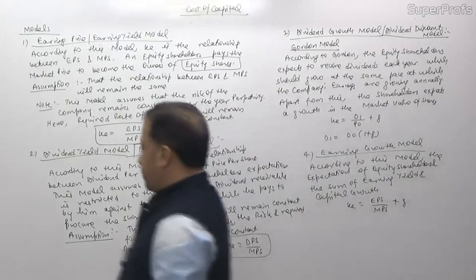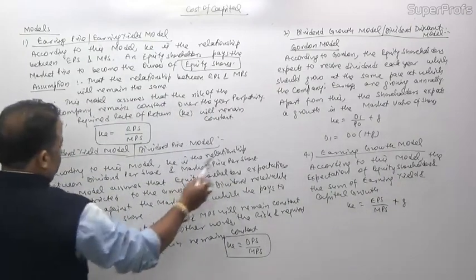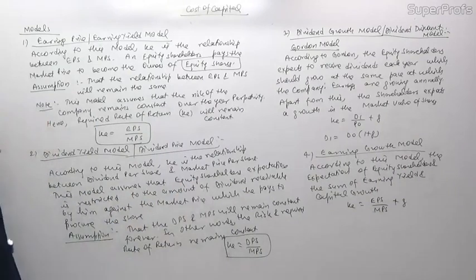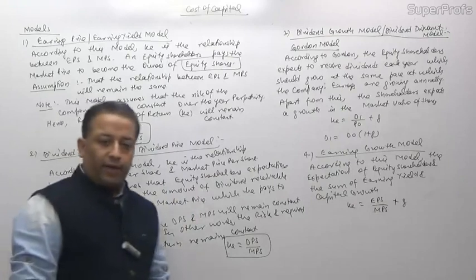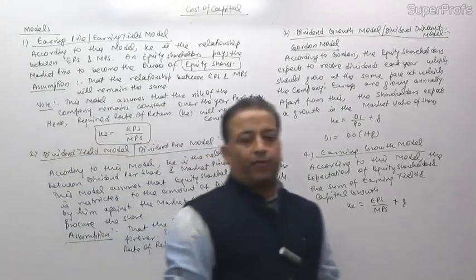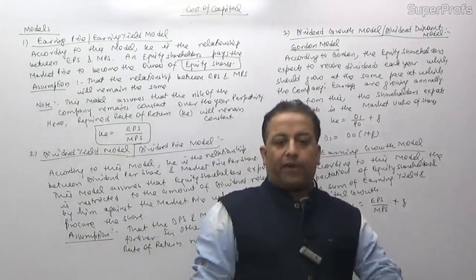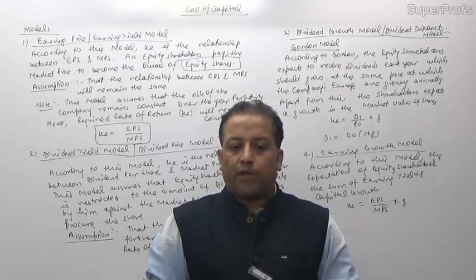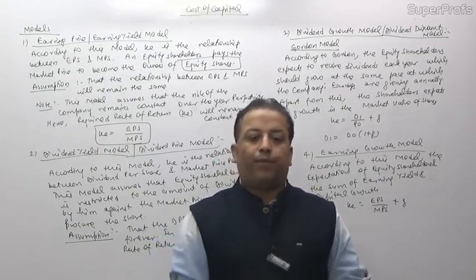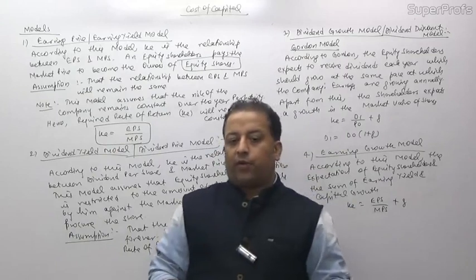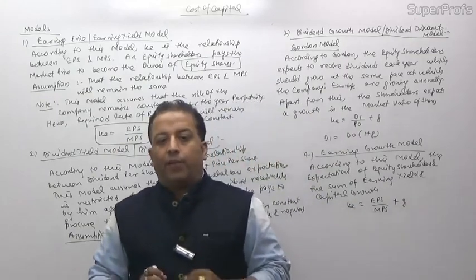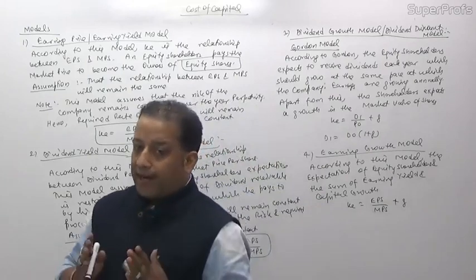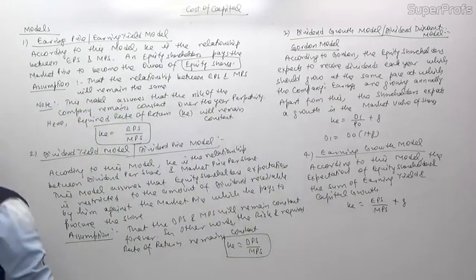According to this model, K is the relationship between dividend per share and market price per share.